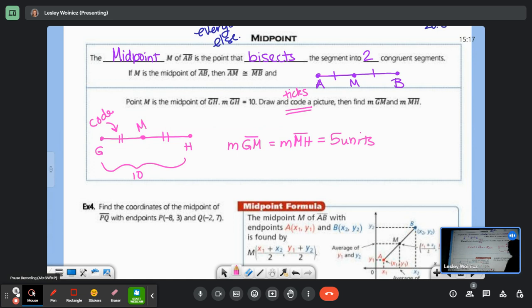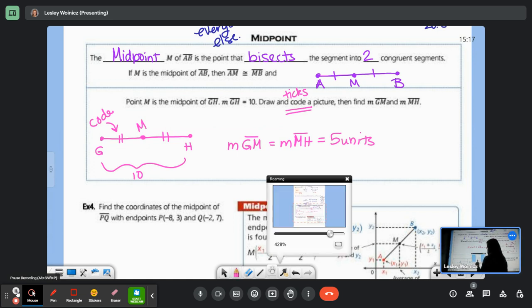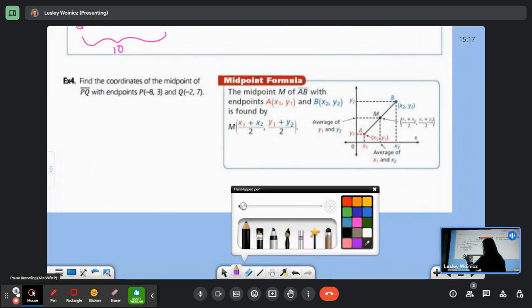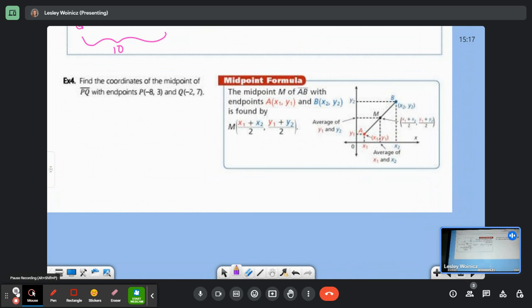Okay, we're on a roll. All right. Here is the midpoint formula, which you saw I messed up yesterday. Put the minuses in it. We'll go back. They're both 5.